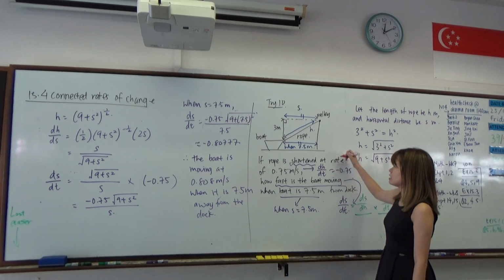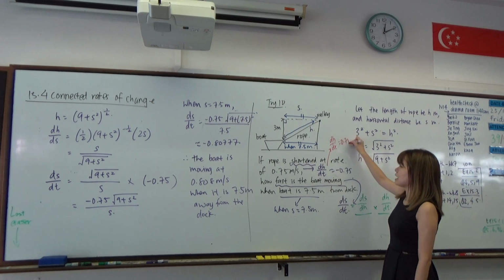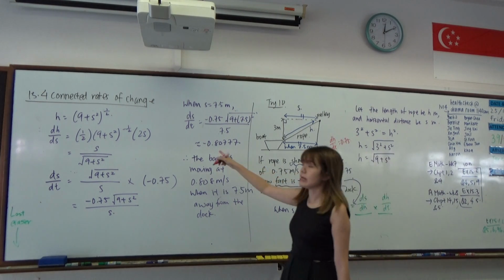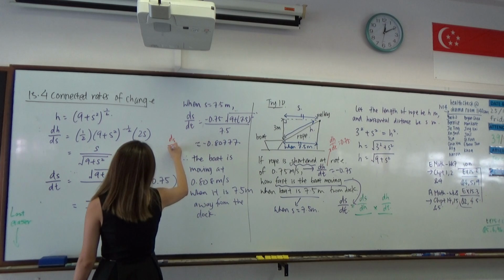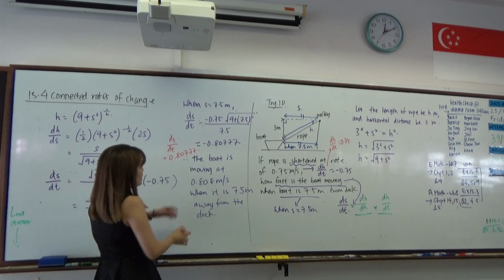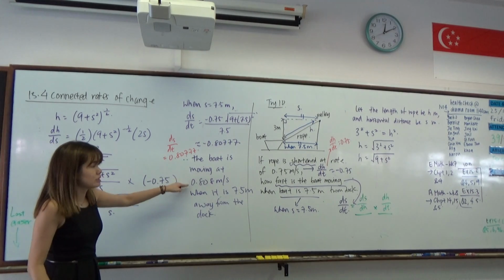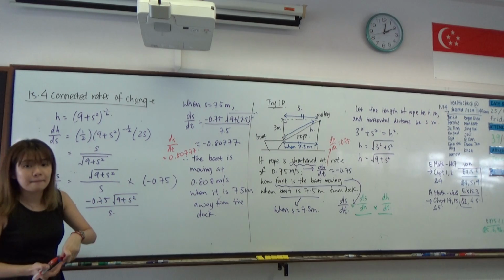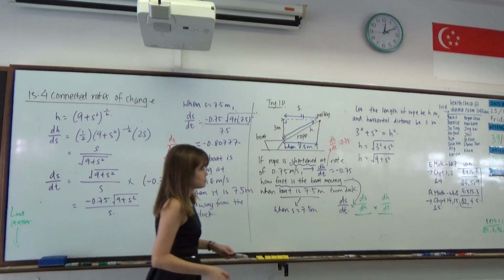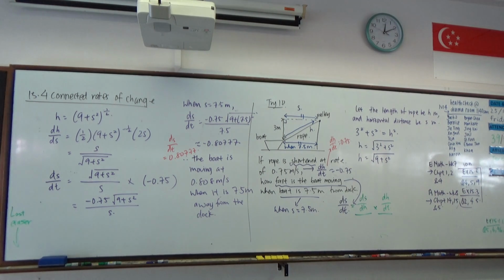So if you decide that dH over dt is going to be 0.75, eventually your answer ds over dt over here will be a positive value. Okay, but the ending statement is crucial in being able to describe, according to the question. I don't need just the answer.